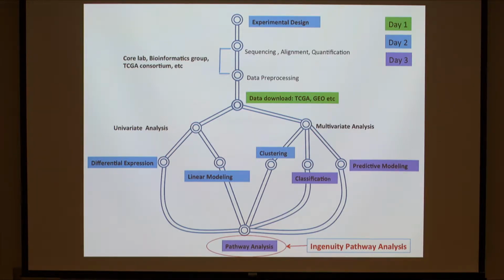After that, the data have to be pre-processed, like filtering out those genes with very low expression. A lot of the time, like the TCGA consortium, they offer normalized data, which you can use right away, so you don't have to normalize. But a lot of the time, you also have count data that you need to normalize.